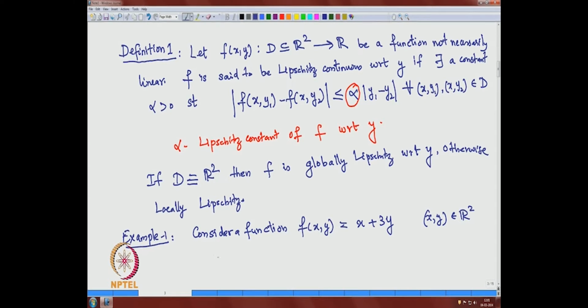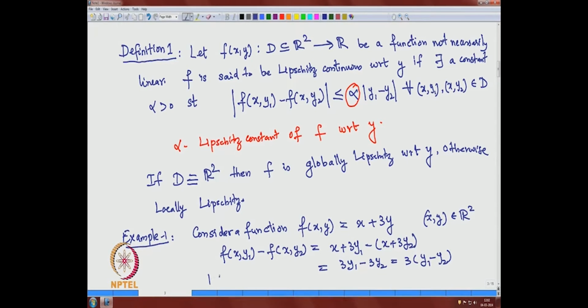So, let us check the Lipschitz continuity of f. So, f of x y1 minus f of x y2 is x plus 3 y1 minus x plus 3 y2, which is equal to 3 y1 minus 3 y2, that is 3 times y1 minus y2.